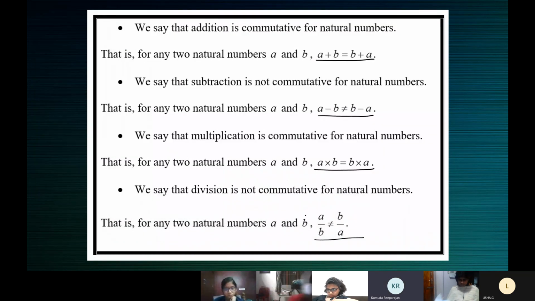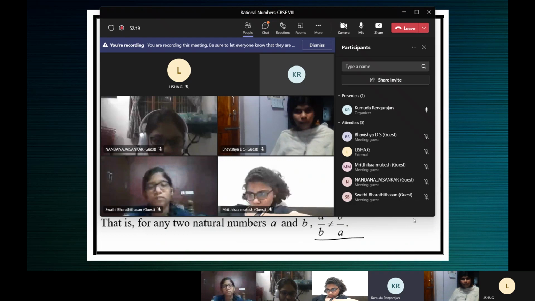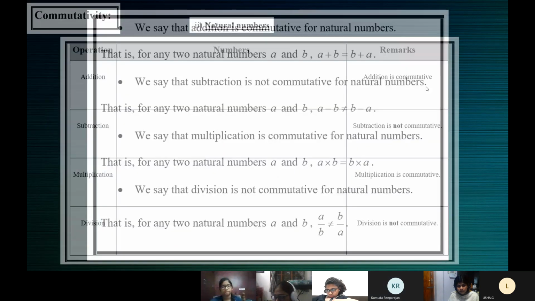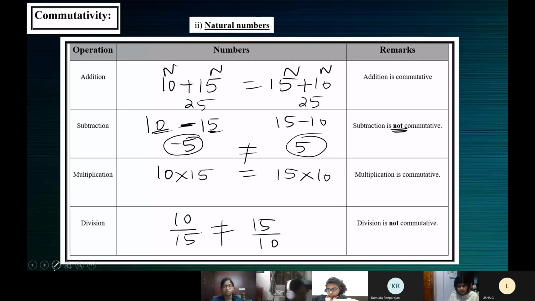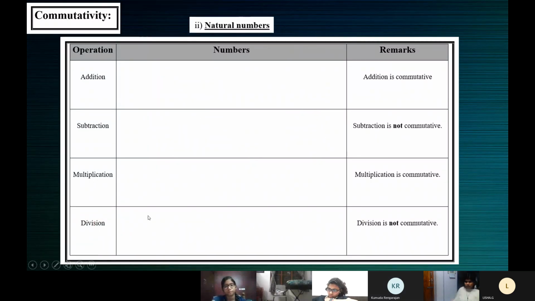Yeah, I wanted somebody to explain. Now we say that natural numbers are commutative under multiplication.